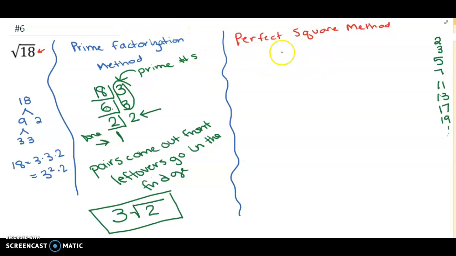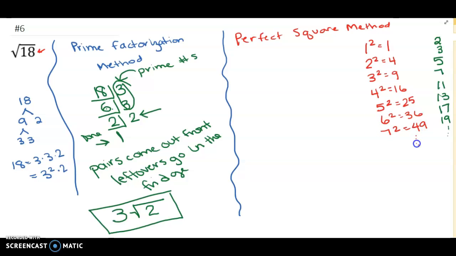So if you remember perfect squares, like 1 squared is 1, 2 squared is 4, 3 squared is 9, 4 squared is 16, 5 squared is 25, 6 squared is 36, 7 squared is 49, so on and so forth, right?